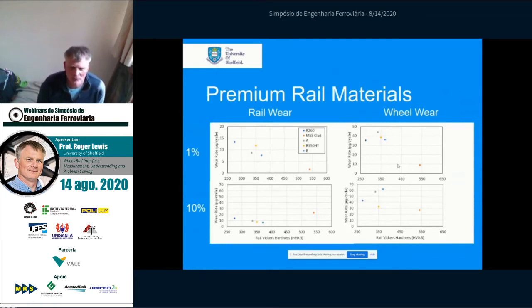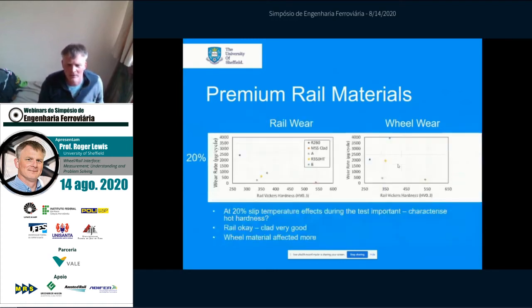Obviously, as you increase the slip, you bring in more temperature effects, and of course, the softer wheel material will be less resistant to those higher temperatures. This was very evident in the 20% slip tests, where we were actually not seeing a big change in the rail wear, because premium materials, and in particular the clad material, are very resistant to temperature change and not affected too much.